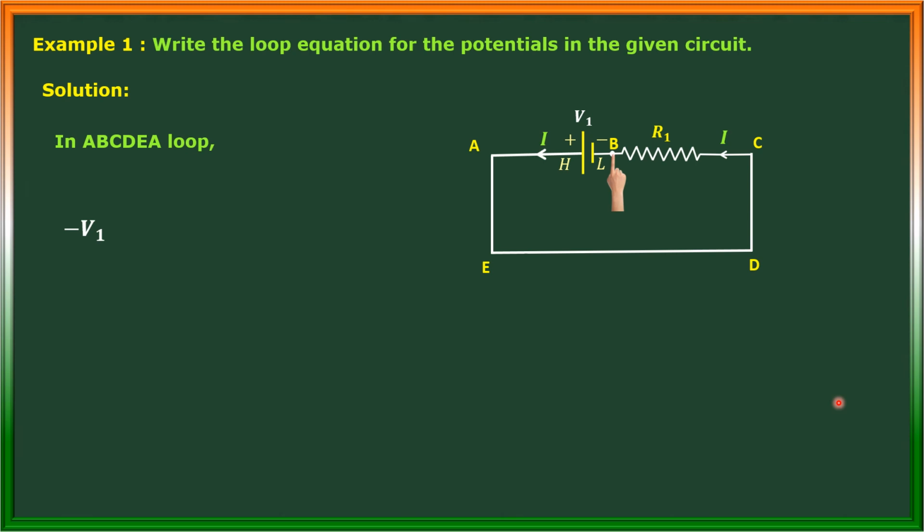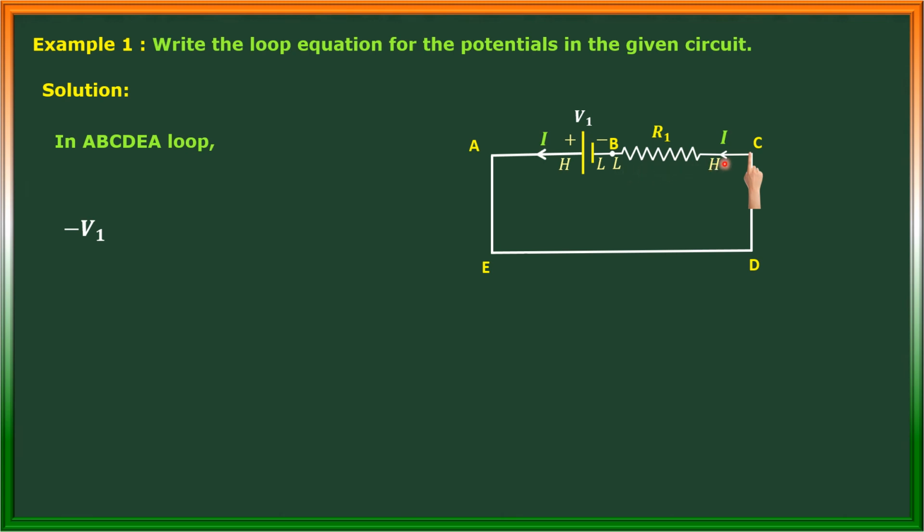So minus V1. Next, current is flowing towards left in this direction from C to A. I am moving from B to C, that is opposite to the direction of the current. So this point is at higher potential, this point is at lower potential, you see here. So I have moved from lower potential to higher potential, that is potential is increasing.